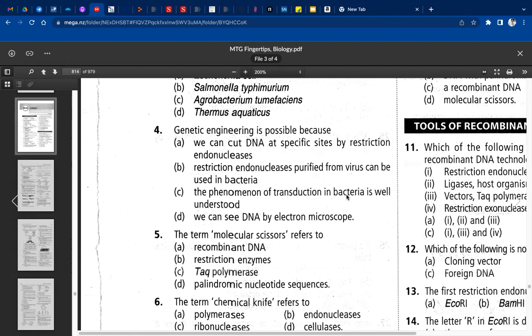What we can see is the beads-on-string structure of a chromatin fiber at best. So A, which says we can cut DNA at specific sites by restriction endonucleases, is the correct answer. That is how genetic engineering is possible, because you can cut DNA, put anything in or take anything out, whatever you want. Is it clear, everyone?